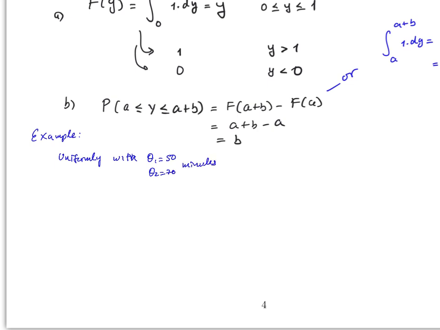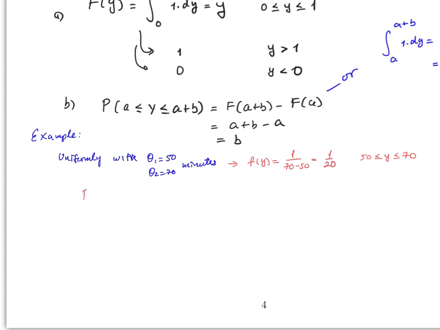So this is how long it will take a truck to haul some concrete on the highway. Therefore the density function for this one should be 1 over 70 minus 50, which is just 1 over 20. And this is true between 50 and 70.